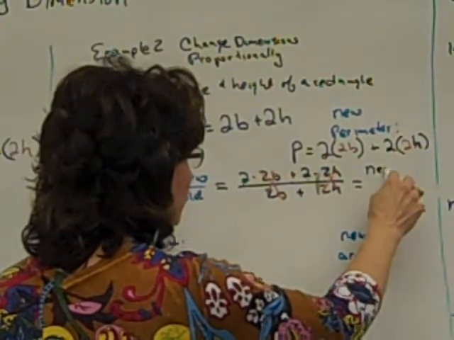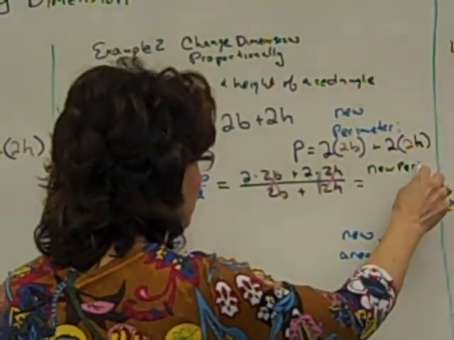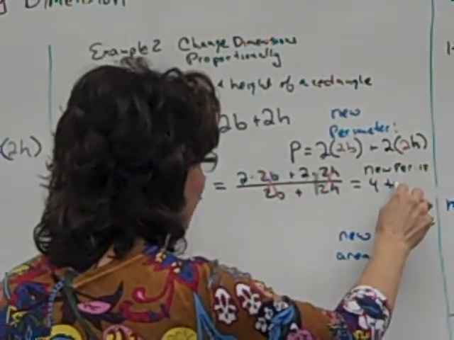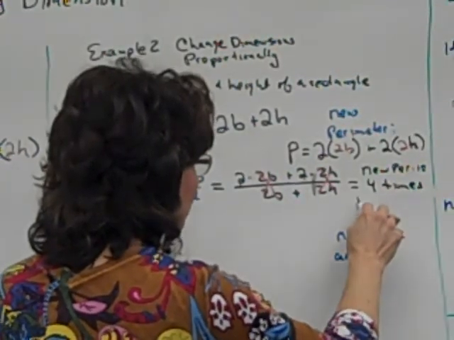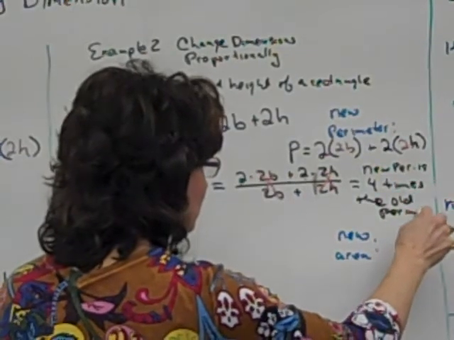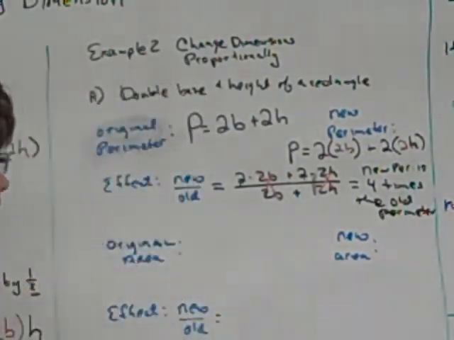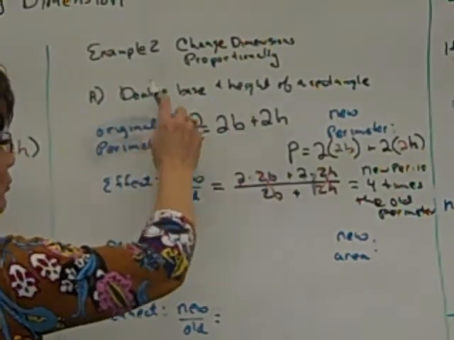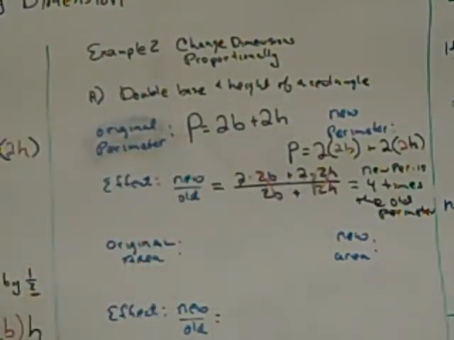The new perimeter is 2 plus 2, 4 times the old perimeter. So notice since we doubled base and height, 2 plus 2 is going to give us 4.